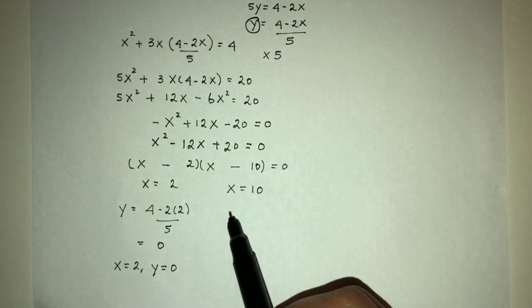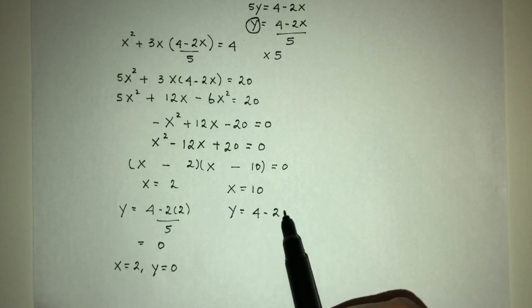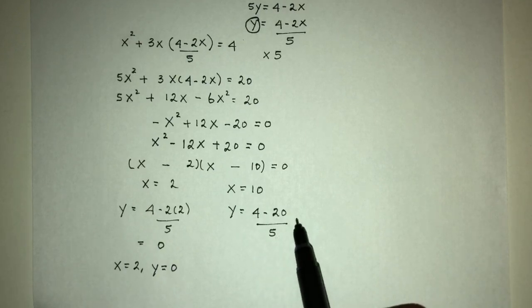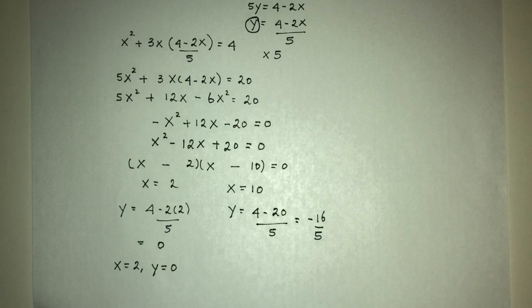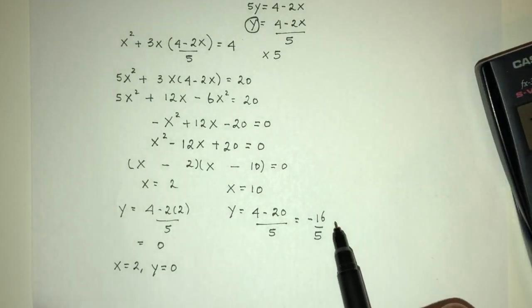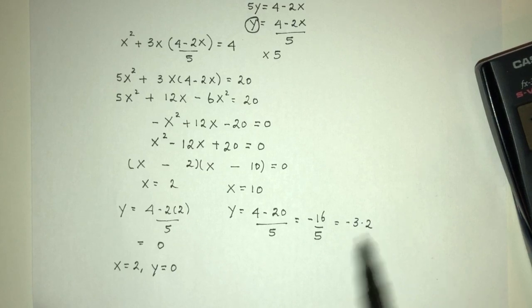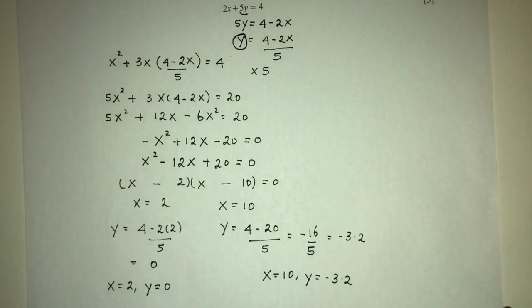Now for this one, y will be 4 minus 2x, which will be minus 16 divided by 5. Now we can simplify. That will be minus 3.2 as the value. That will be x is 10 and y is minus 3.2. So that will be question number 2.